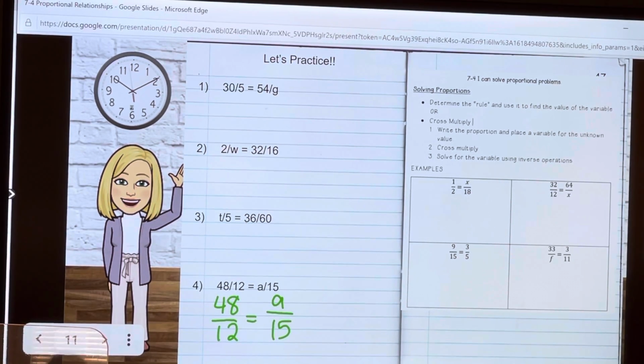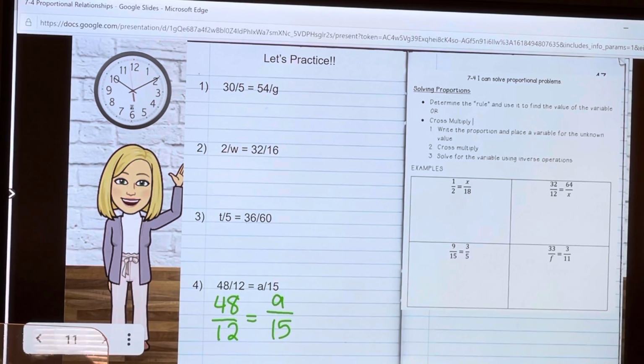Okay, so what would your basic ratio be? 12 divided by 12 is what? 1, so put that. 48 divided by 12 is. Okay, so now you still have A over 15.